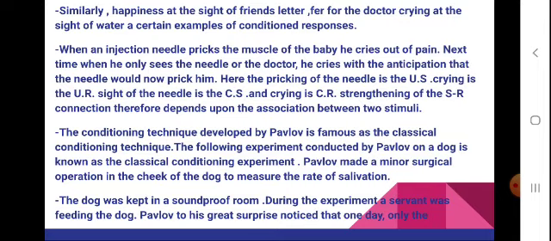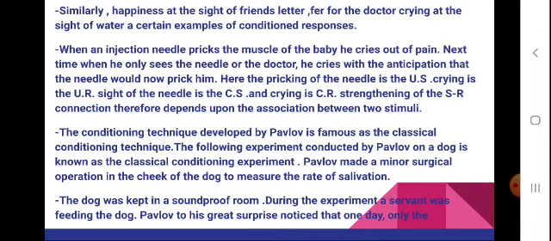The conditioning technique developed by Pavlov is famous as the classical conditioning technique. The following experiment conducted by Pavlov on a dog is known as the classical conditioning experiment. Pavlov made a minor surgical operation in the cheek of the dog to measure the rate of salivation. The dog was kept in a soundproof room.